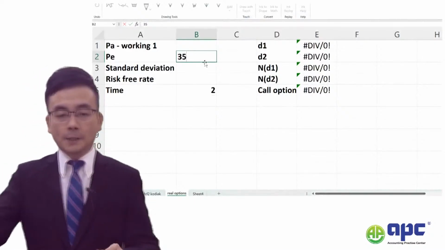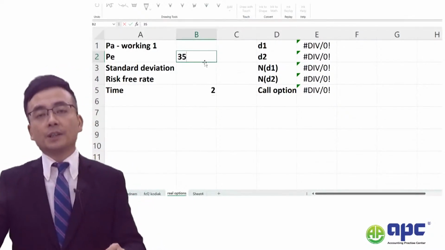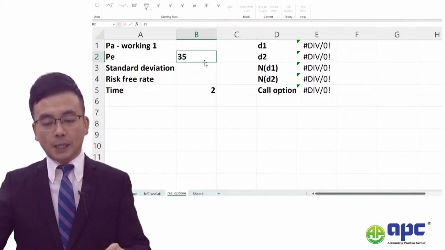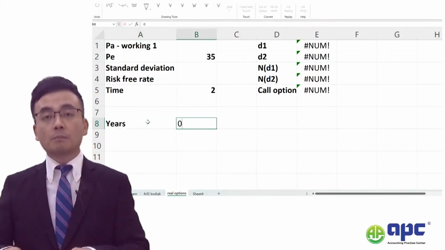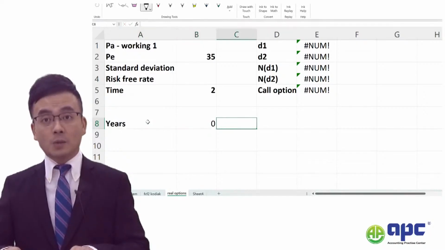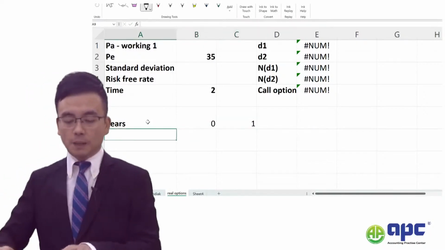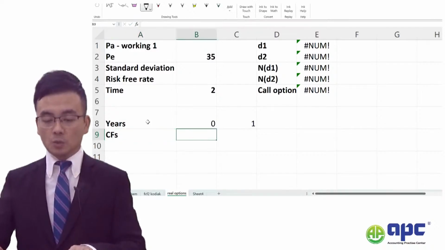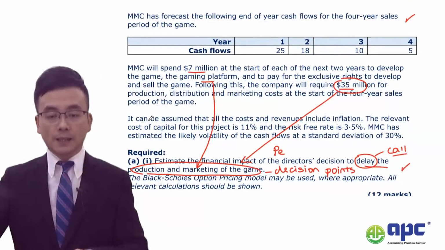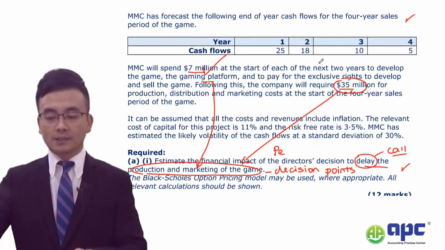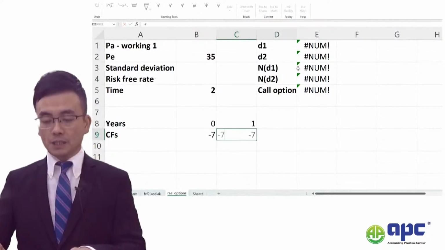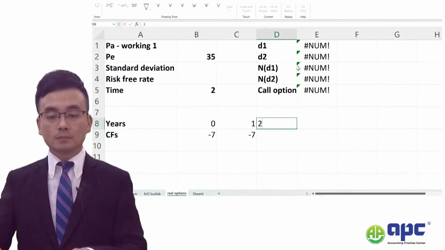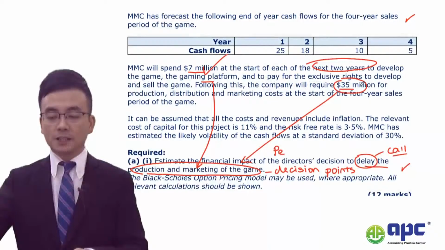But how about for the PA? Of course, PA will need to consider the future cash flows coming in. So that's why we need to perform the NPV analysis here. From year 0, which means now, and in 1 year's time, we'll need to spend how much? We're told we'll need to spend $7 million in the next 2 years. And then from year 2 onwards, we will need to spend another 35.